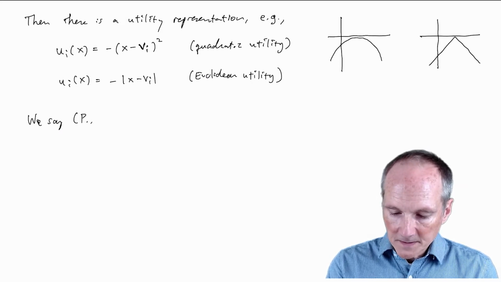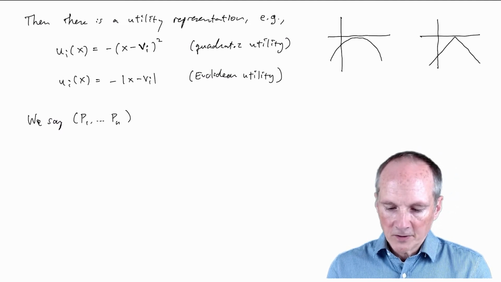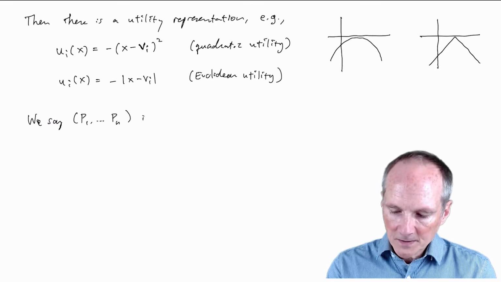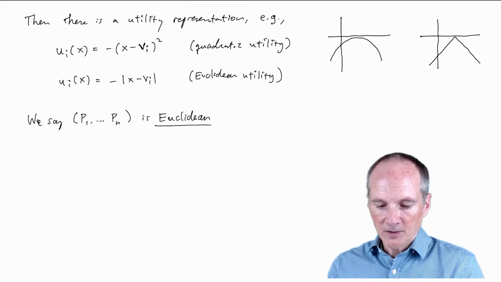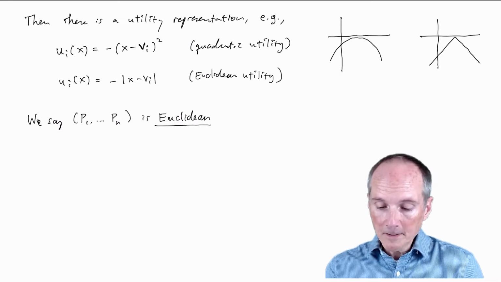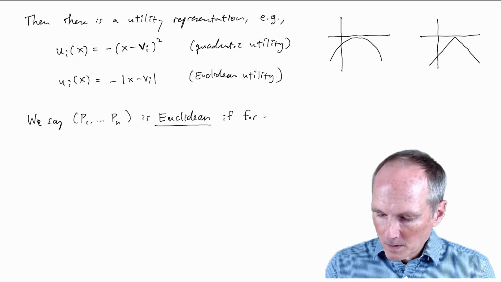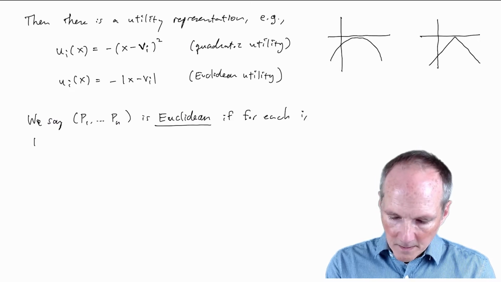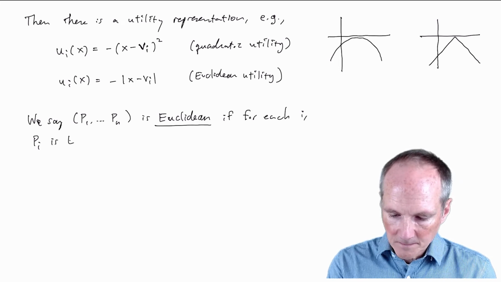And then so if we have a list of strict preference relations, P1 to Pn, one for each voter, we call that a preference profile, and we say that profile is Euclidean. Okay, now we're using the same term, but here it's modifying a whole profile, right? We'll say that's Euclidean if for each individual, the weak order in that list for that individual is Euclidean.